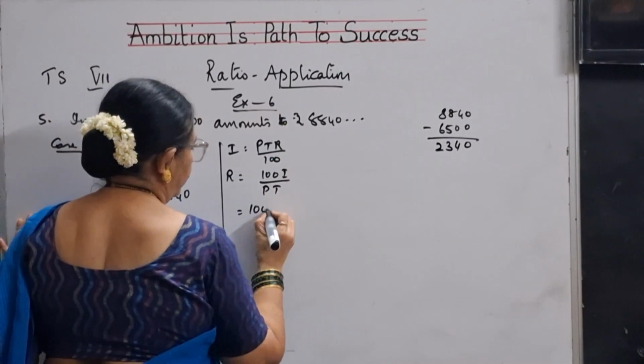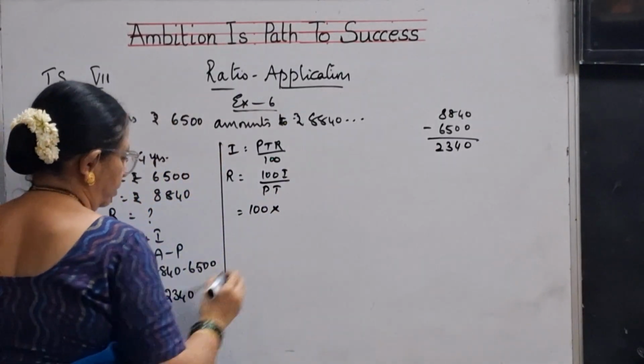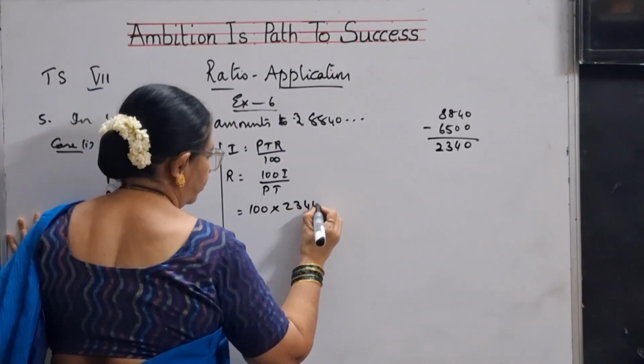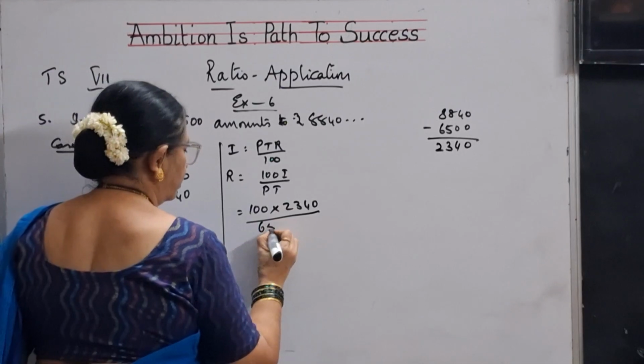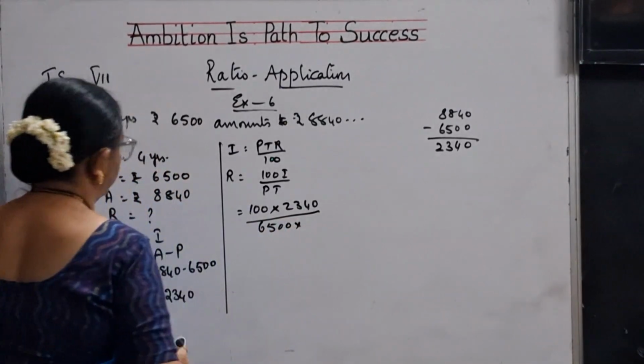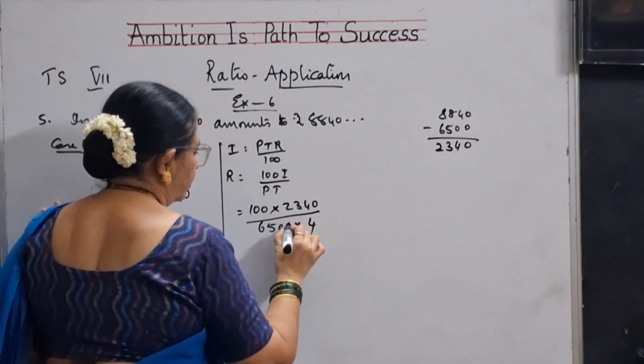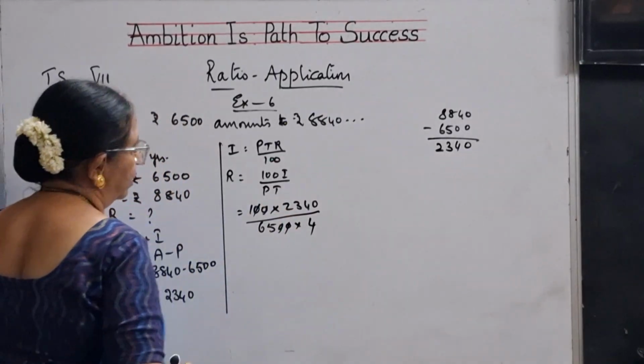That is 100 into I, which is 2,340, by principal, 6,500, into time, which is 4. So 2 zeros you can cancel.